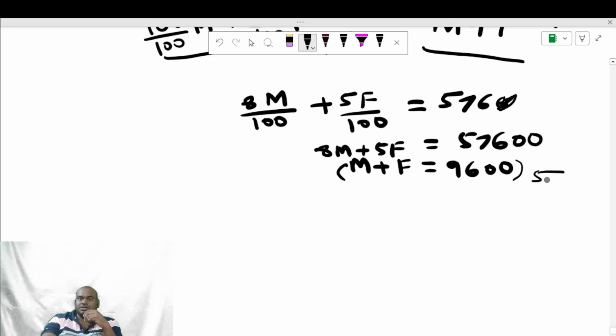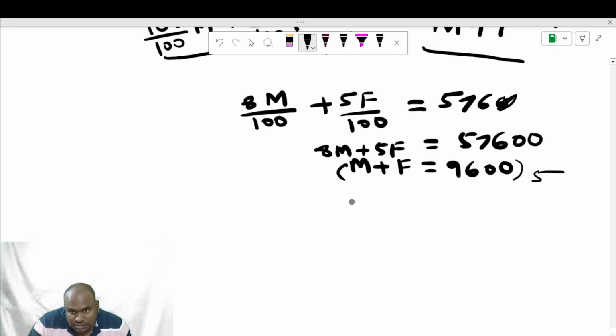So then it will become 5m plus 5f is equal to 48,000.